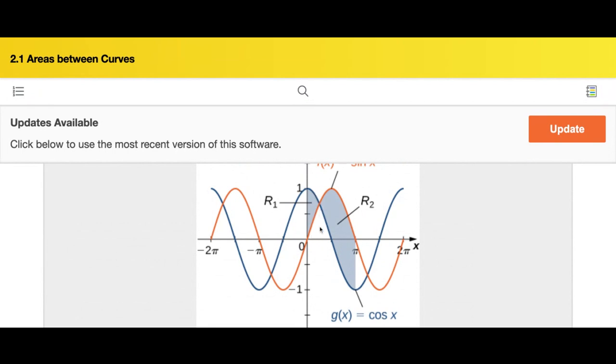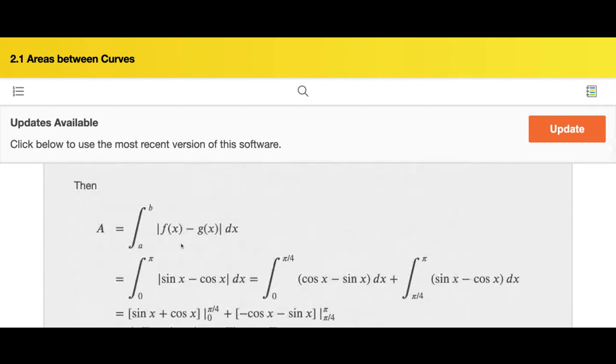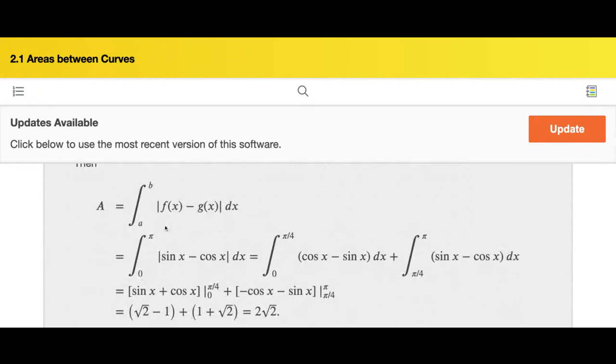But then from pi over 4 to pi, sine is above cosine. So that's why we're putting absolute value signs there. So from 0 to pi, we're going to split into 2, from 0 to pi over 4, and then from pi over 4 to pi. So in this case, we have to draw the graph to be able to see this, right?